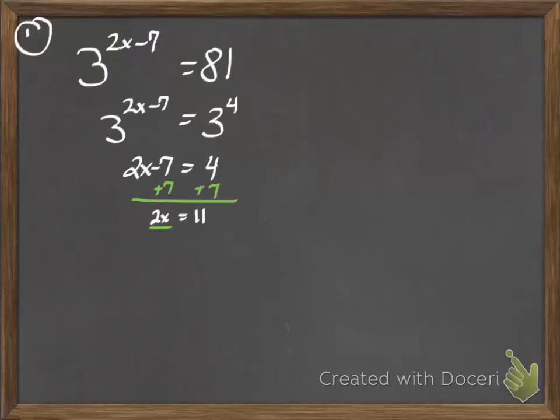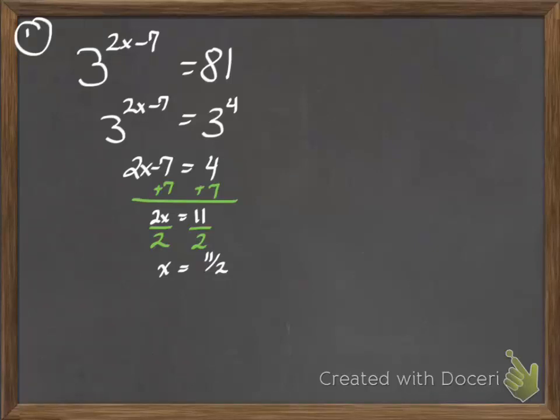And divide by 2. And so x is equal to 5.5 or 11/2. And so when there's a way I can raise the other side to match, I can solve these without logarithms.